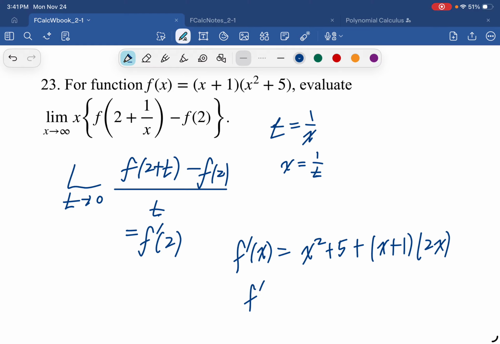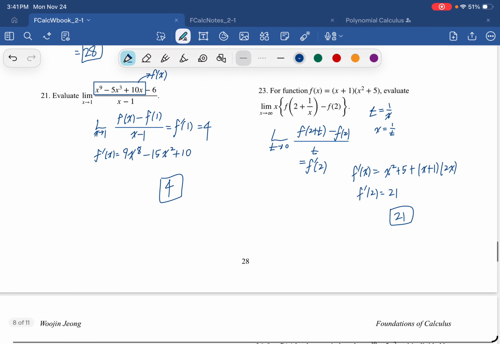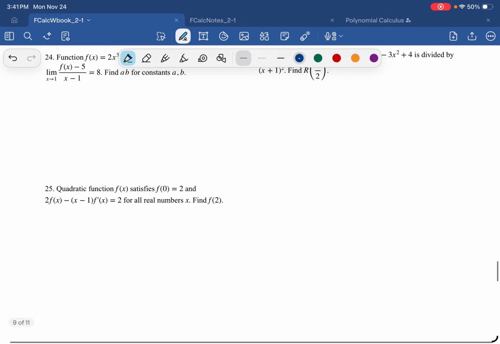And f prime of 2, you can just plug it in, right? There's really no need to simplify it if you're just going to plug in a number. 9 plus 3 times 4. So that's 12 plus 9, 21. And that would be your answer, right? So that's f prime of 2. Cool. So that's easy, and done.